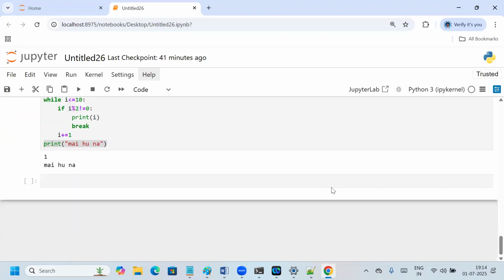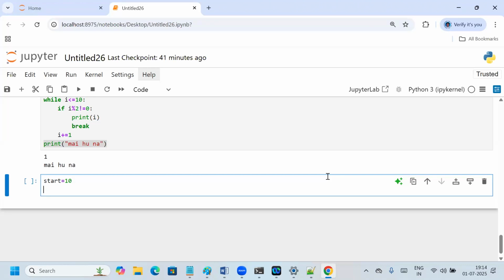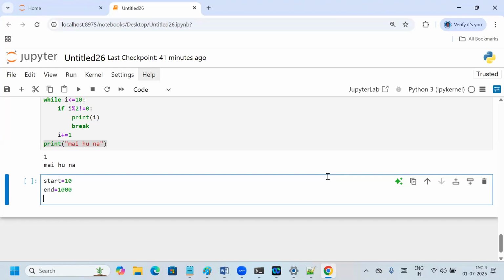Clear guys. Now think about how to print the prime number between a range. Suppose I have a start equals to 10 and end equals to 1000. I have to print all the prime numbers between 10 to 1000. How to print? This is the question I have given to you now.